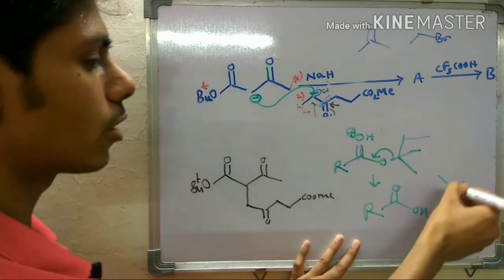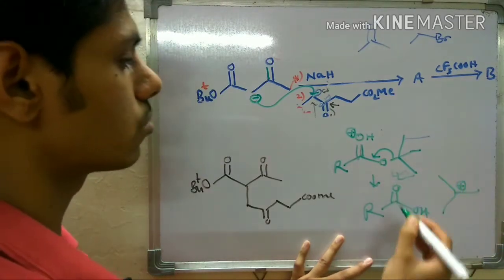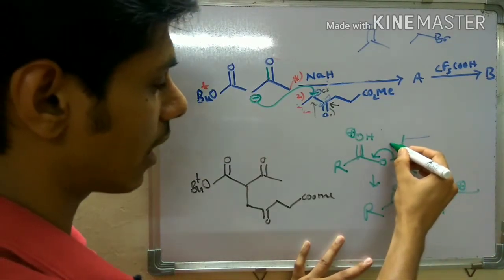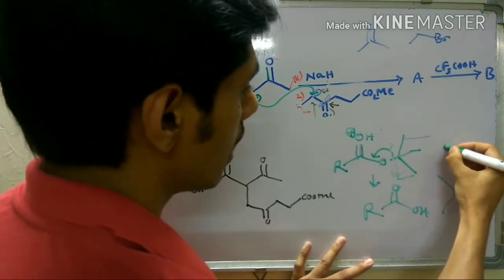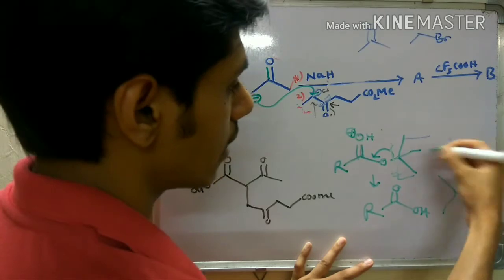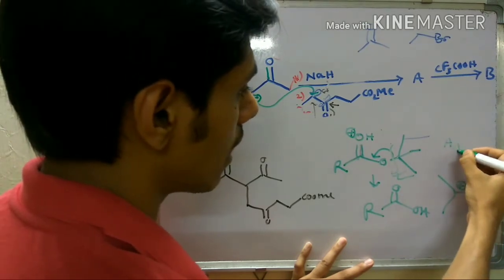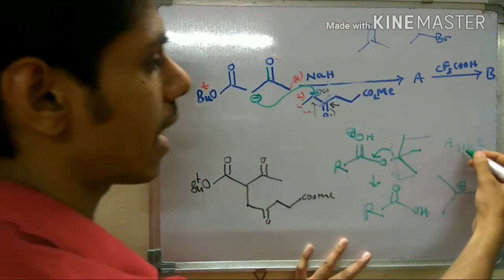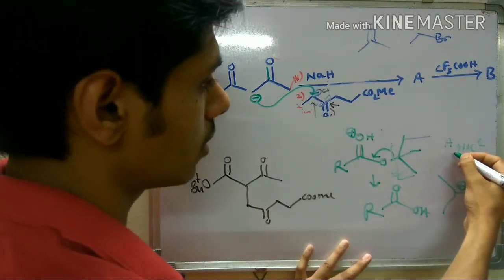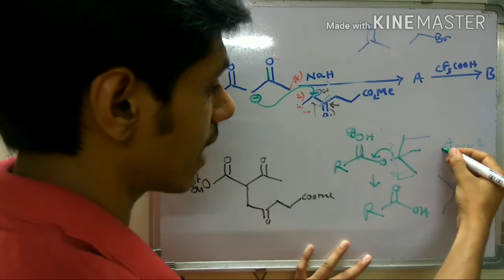So due to the stability of this tert butyl cation, this hydrolysis will occur, and as this alkyl oxygen bond is breaking, it is called AAL1, because it is unimolecular and it is occurring in acidic condition.